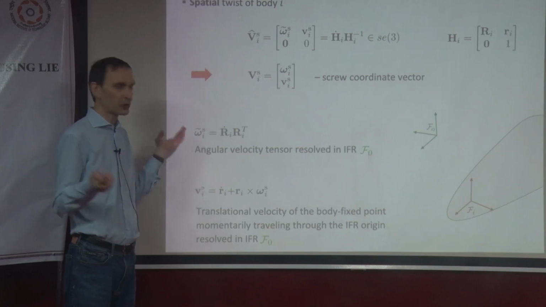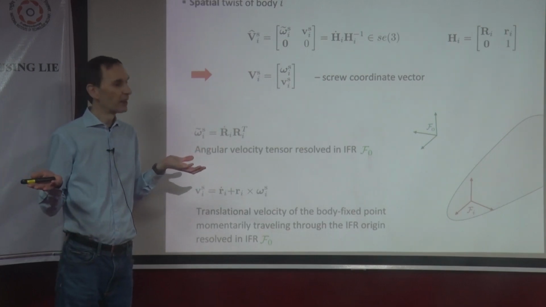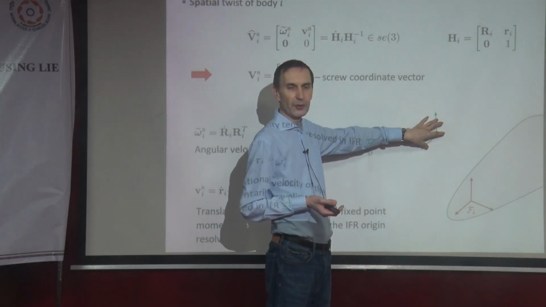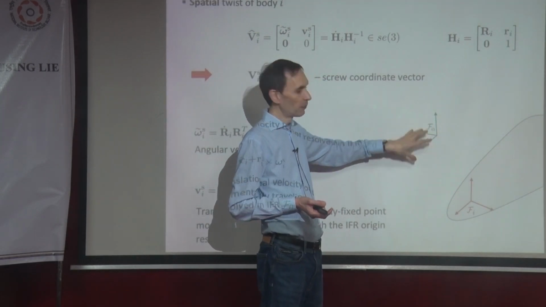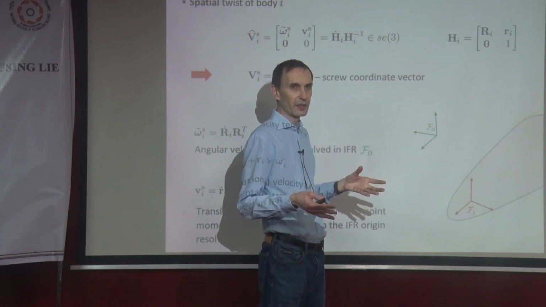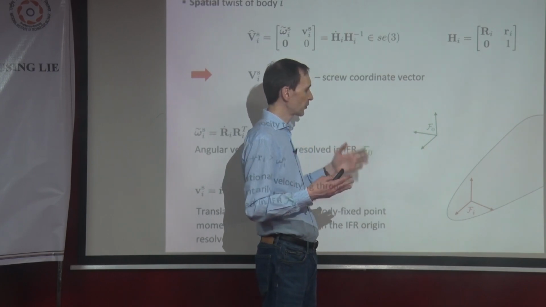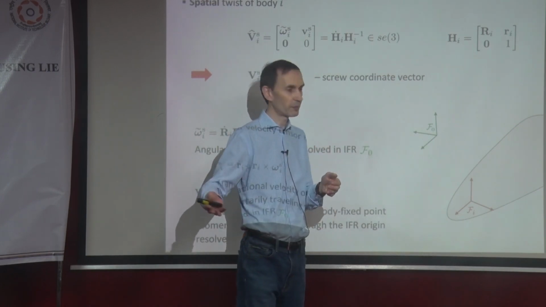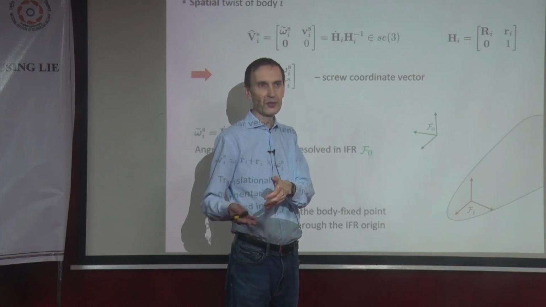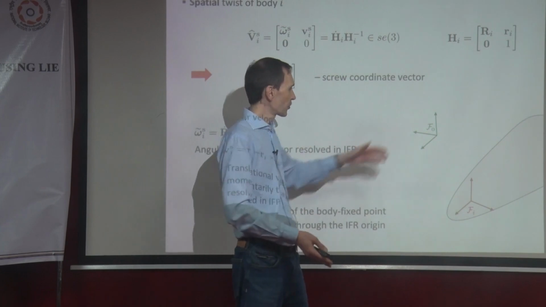What could be a benefit? The benefit could be that everything is referred to the space-fixed frame, because you might have multiple bodies, and they're all at velocities. You might have a chain of these bodies, and you might ask, what is the total velocity of the whole system? You just add them up.